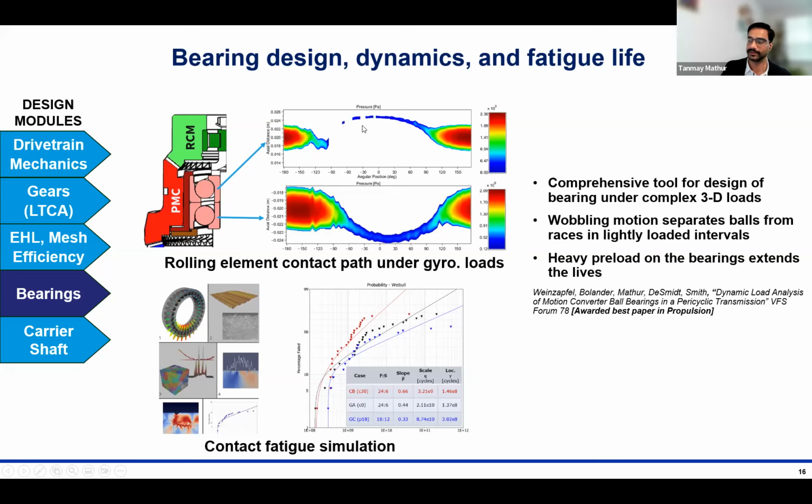What we noticed here was that at some positions, there is loss of contact of the roller and the ring. And in the bearing world, we try to avoid that just because it leads to skidding and reduction in the fatigue life. So to do that, you can apply higher preload.